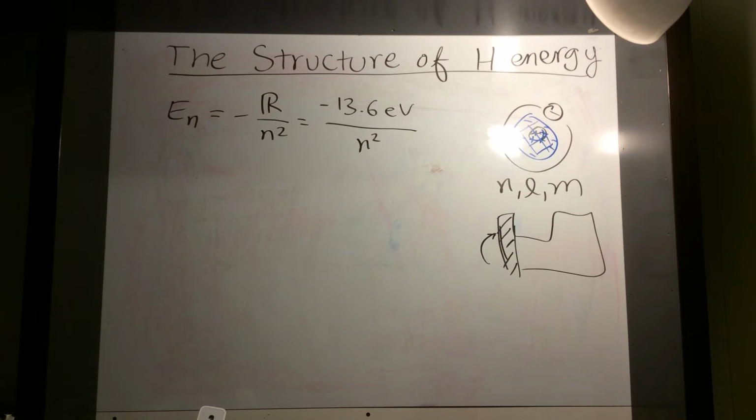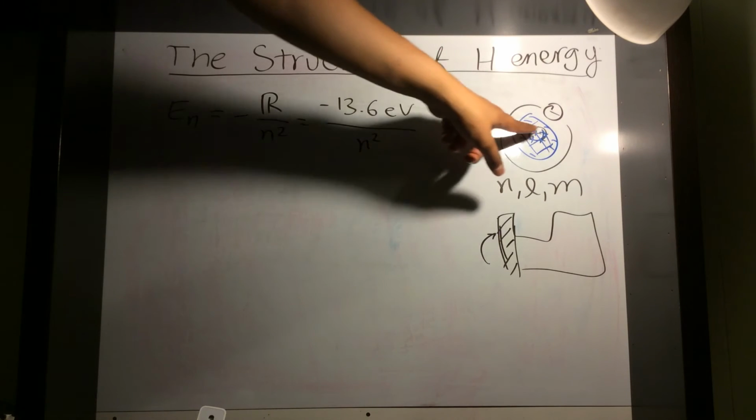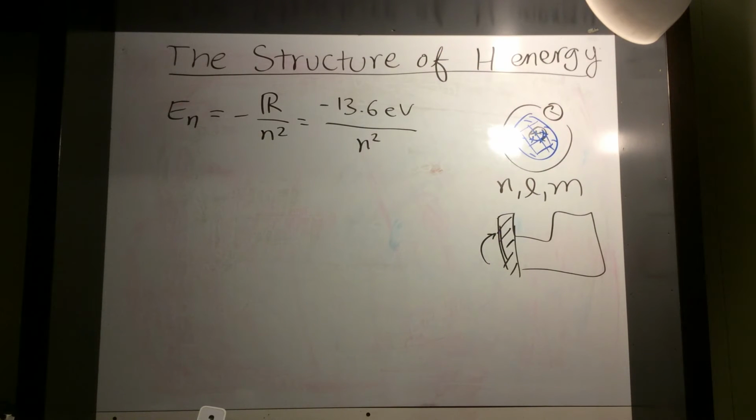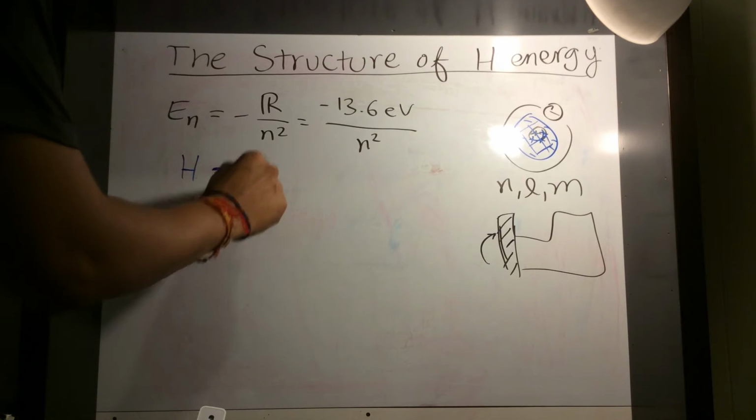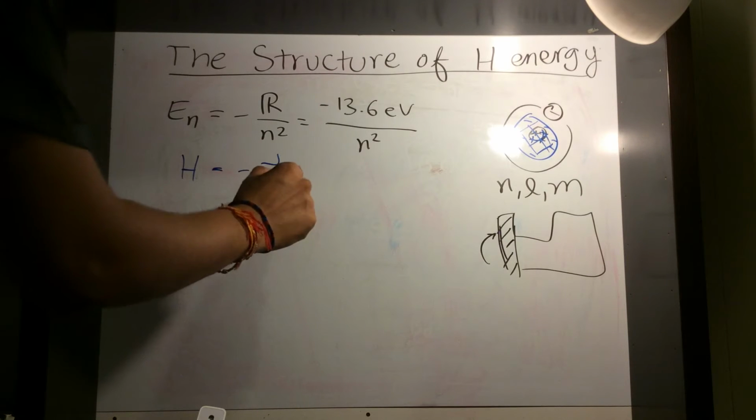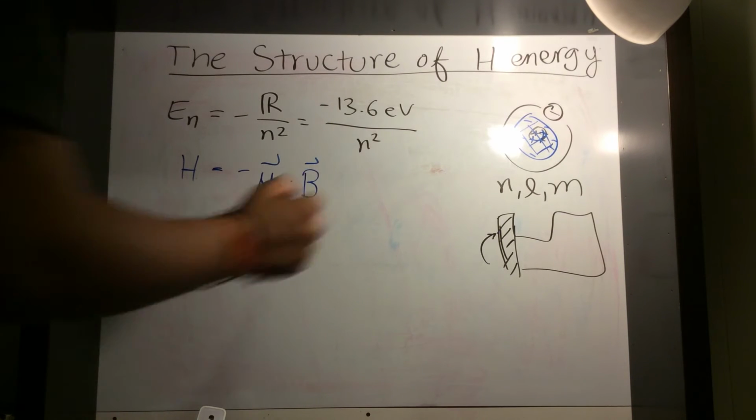Now, this energy eigenvalue has a lot of corrections. For example, if you put yourself in the electron's frame, then you see this positive charge going around you. When a charge moves, it produces a magnetic field. Since the electron has a magnetic dipole moment, it will feel a force, and that force comes from the Hamiltonian minus mu of the electron dot B produced by the motion.